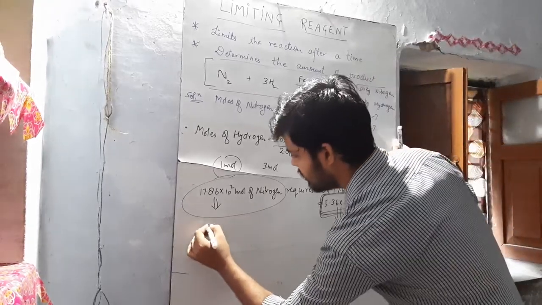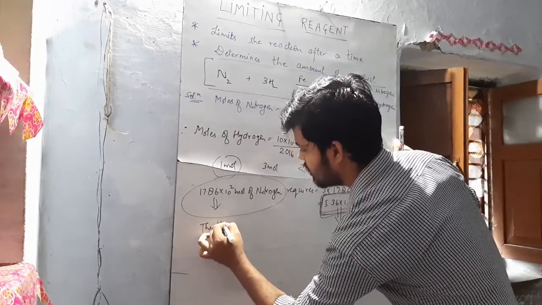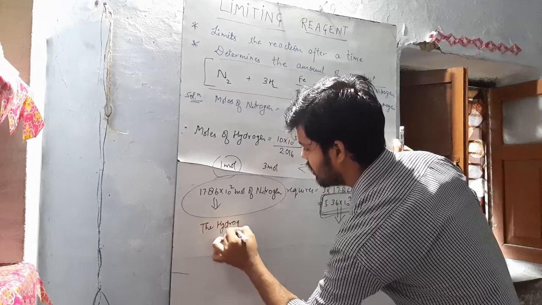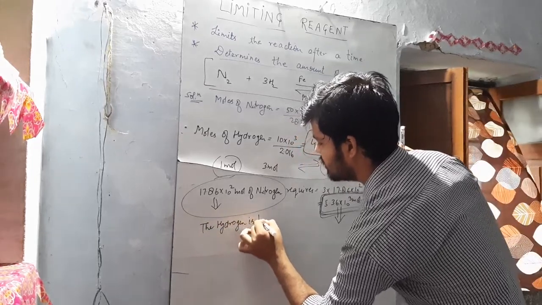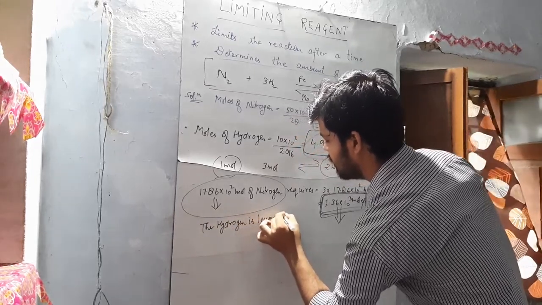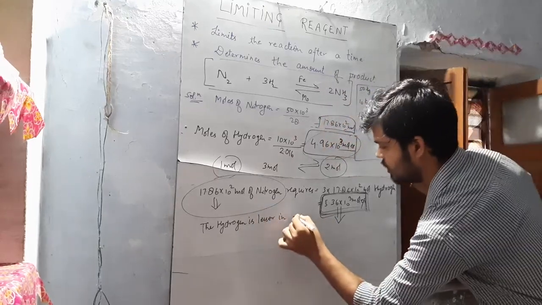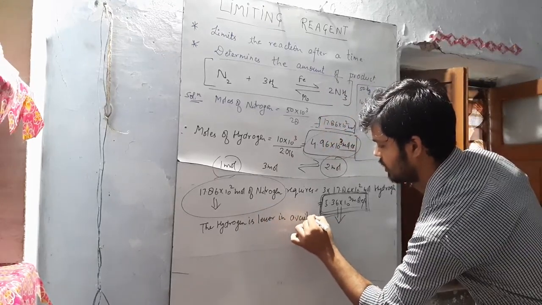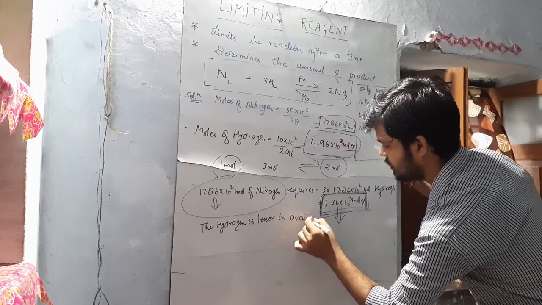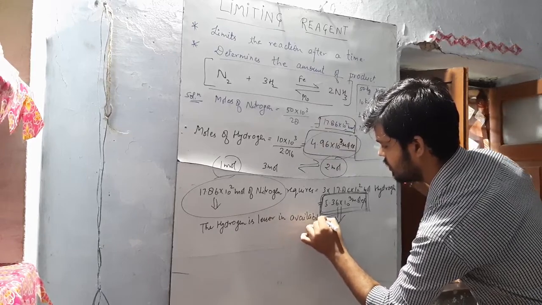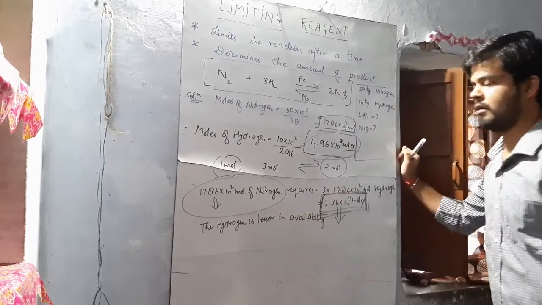I am writing here: the hydrogen is lesser in availability. Clear?